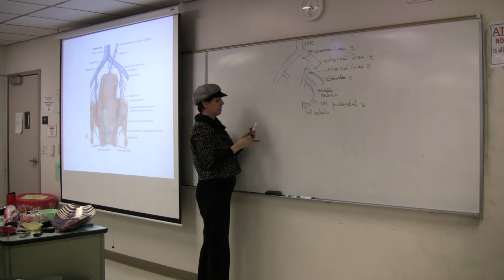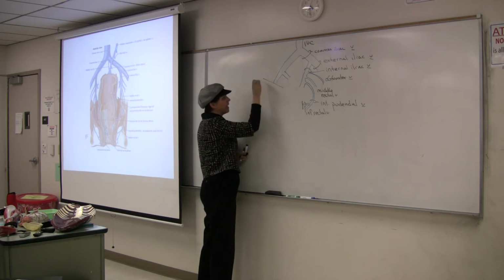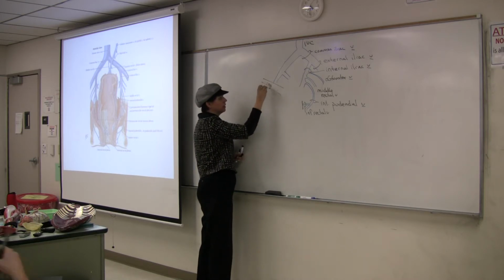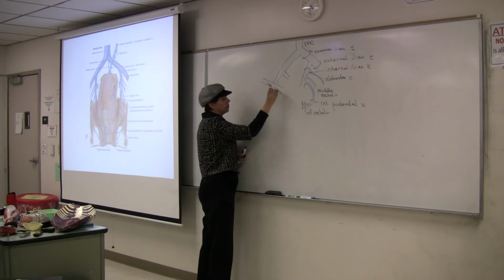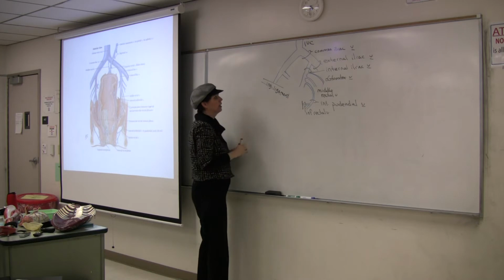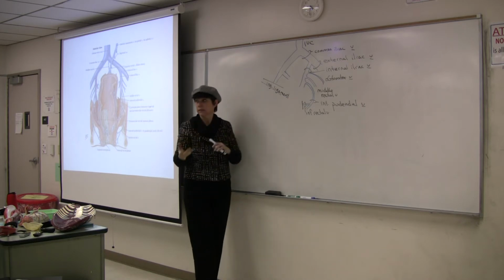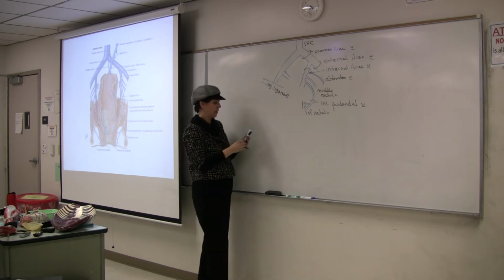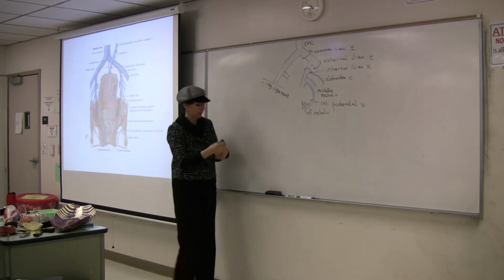After it passes under the inguinal ligament, well, I'm drawing it the wrong direction. I need to draw it from here up. It's going to become the femoral vein. So let's do it the right direction.